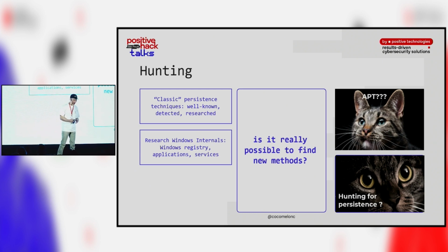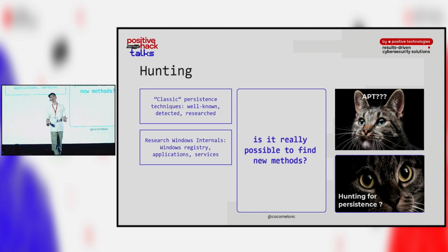So I will try to explain how you can do it yourself in your pen test and red team operations. And nowadays, most of the APT groups use these tricks. I hope that it will be good for red teamers and blue teamers also.